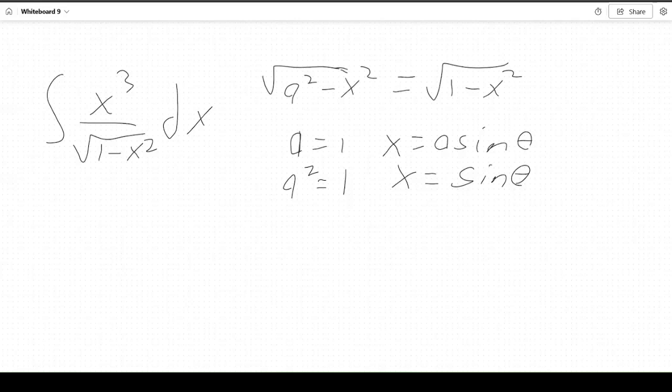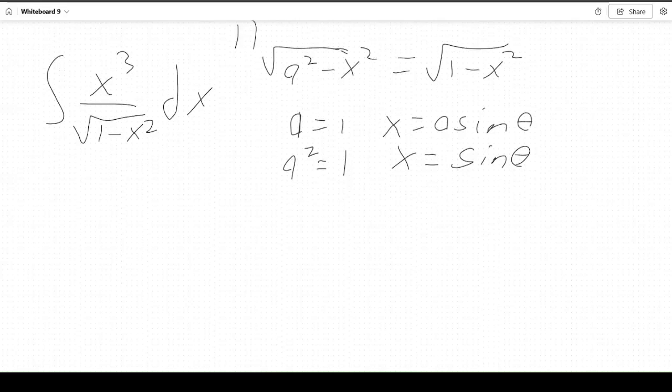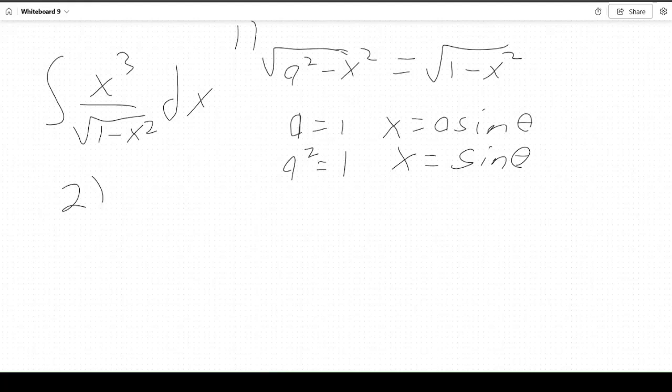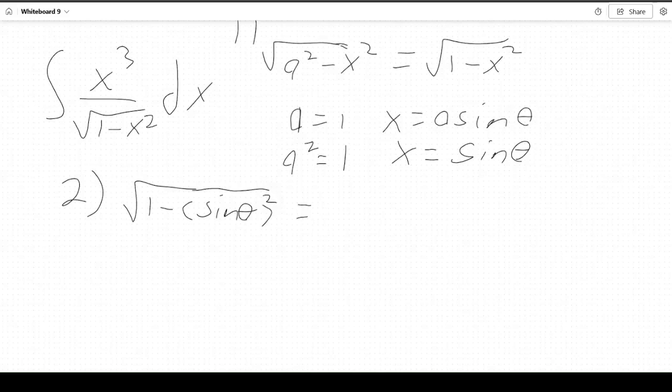So now we're going to plug in our x to the values. Leave the a and plug in the sine value. And we will be left with 1 minus sine squared theta.